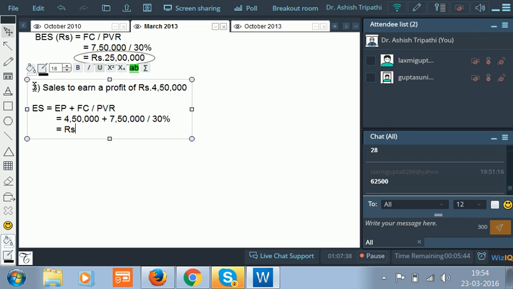So that gives us, that is equal to rupees, let us add first. 4,50,000 plus 7,50,000 will give you 12 lakhs. Let us go step by step because there is marking for steps. You cannot skip any step. There is marking. 12 lakh divided by 30% will give us, again you are correct Lakshmi, it is 40 lakhs.